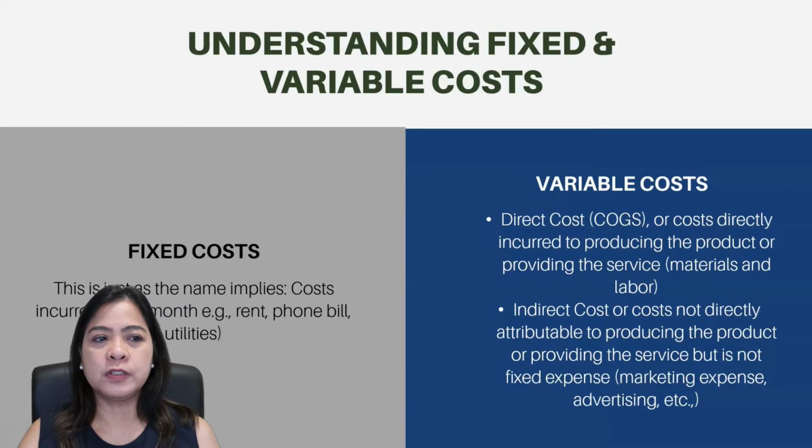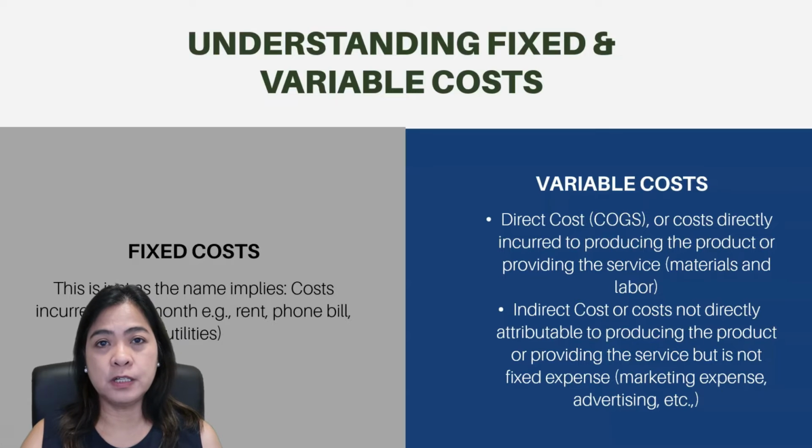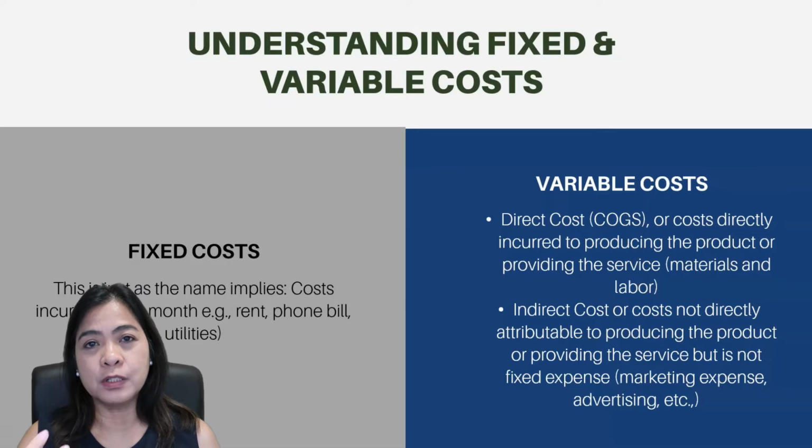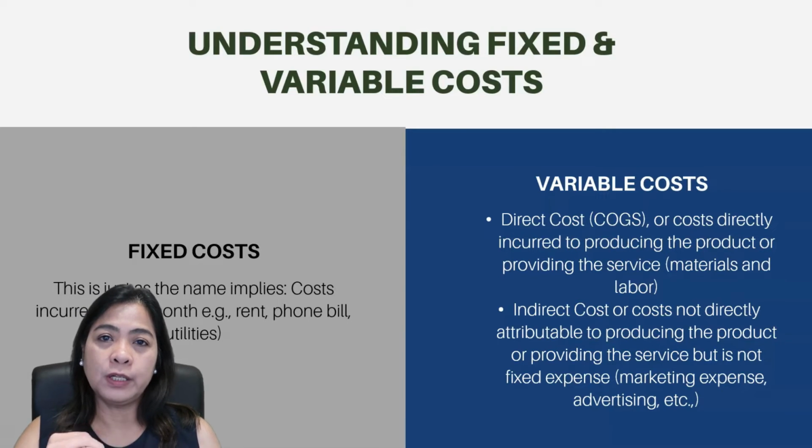The variable cost includes your direct cost, your cost of goods sold, as we discussed earlier. So that would be your materials and direct labor costs. Now there's also variable cost that is not necessarily a direct cost, and we call that indirect cost because you can't really directly identify this expense as part of providing the service or the product.